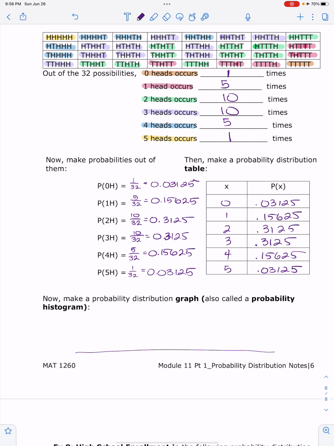This one I'm going to do, just to point out the shape. I am not going to worry about being too precise here.